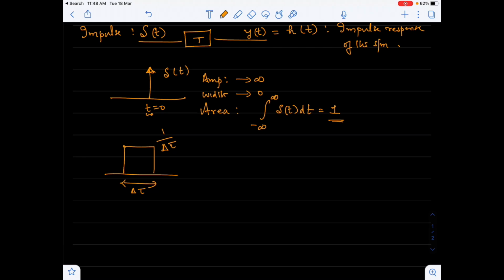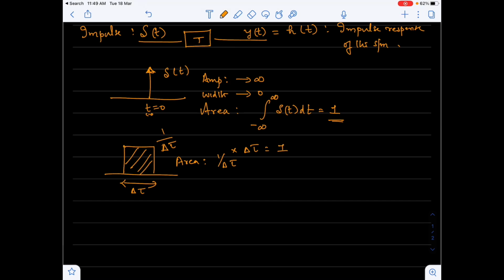Then the area is 1 over delta tau into delta tau, which is equal to 1, right?